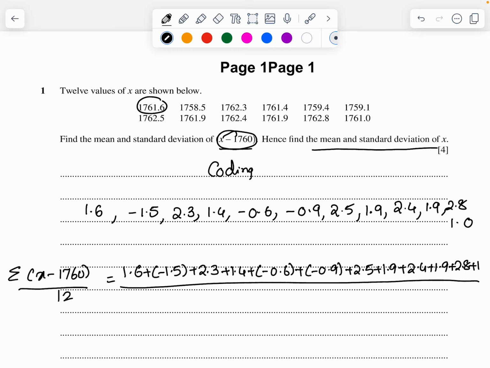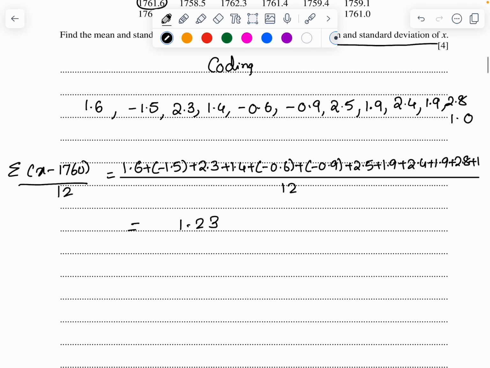Total divided by 12 values. When you do that, you should be getting 1.23. That is the coded mean. So I'm going to write it as coded mean.